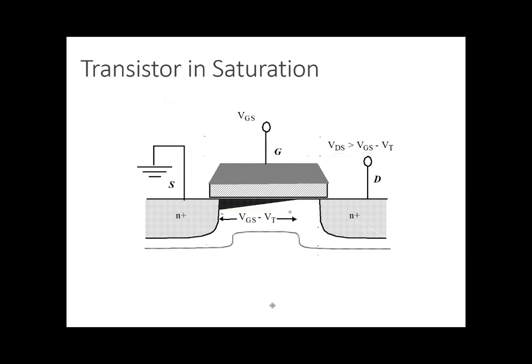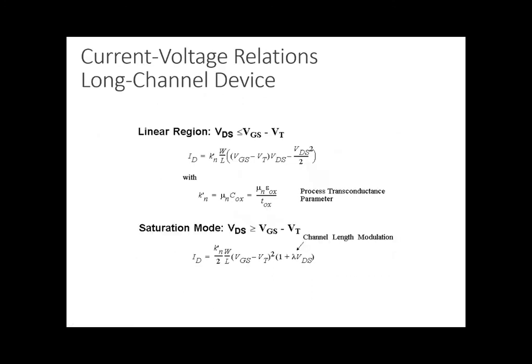So now the next thing to be discussed is called pinch off. You can see now the current voltage relations. So three modes are there. Cutoff mode: in cutoff mode, your drain current is going to be 0.